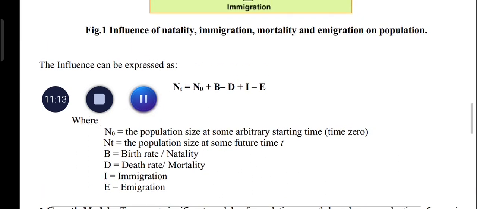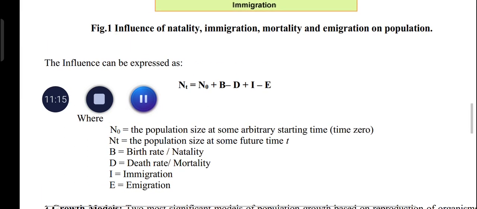So Nt is equal to N0 plus B minus D plus I minus E. From this formula we can calculate it. N0 is the population size at some arbitrary starting time, time 0, and Nt is the population size at some future time.